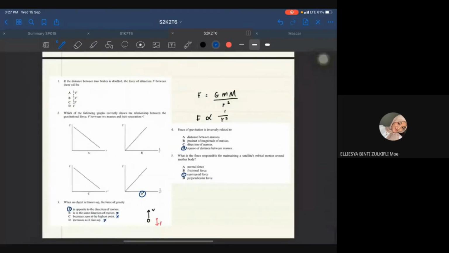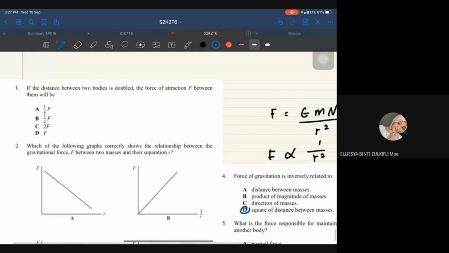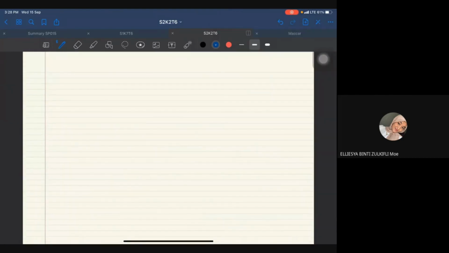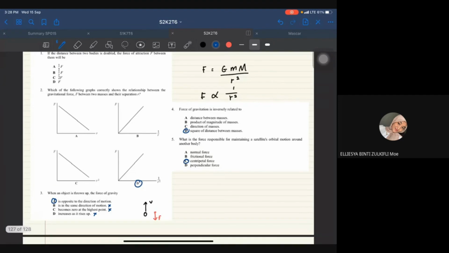Okay, and then for question number 1, dia kata, if the distance between the two bodies is double, the force of attraction F between them will be, okay. What happen when the distance double?